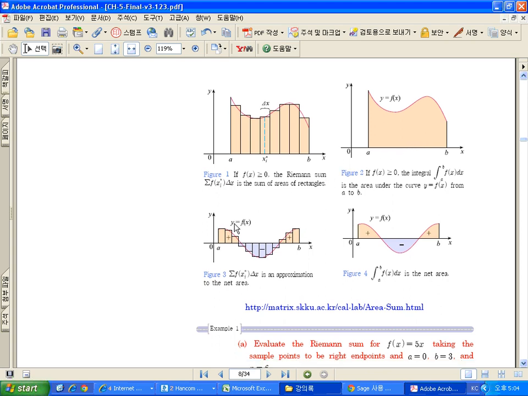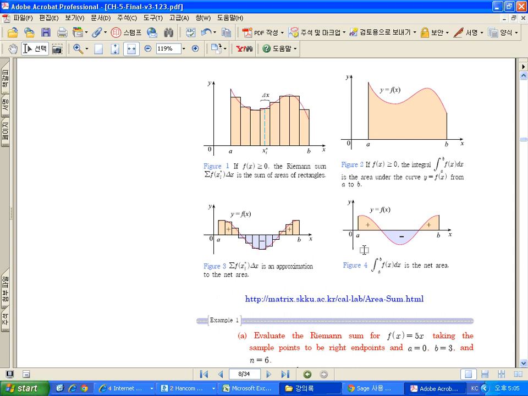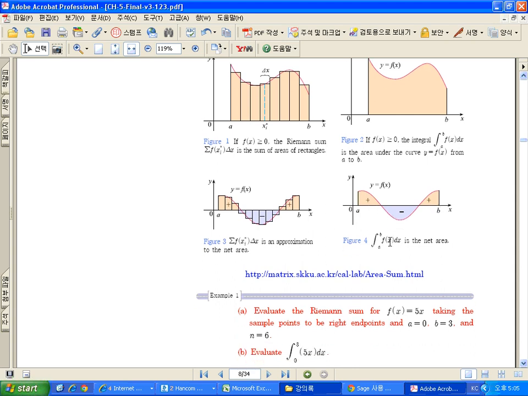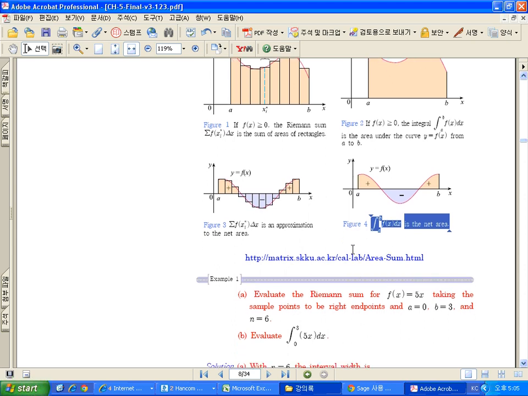But if the function has a negative part, then this integral actually means the area of these two regions minus this area. So this is actually the net area. We can explain this on this website.